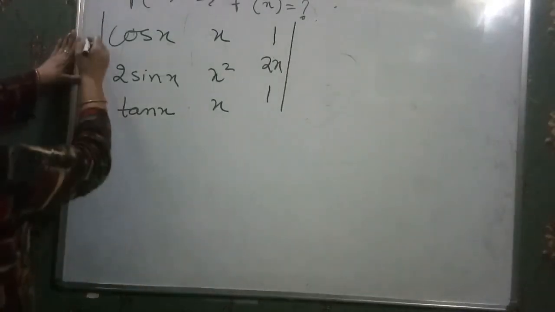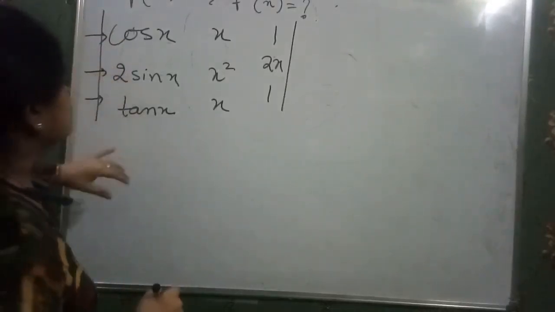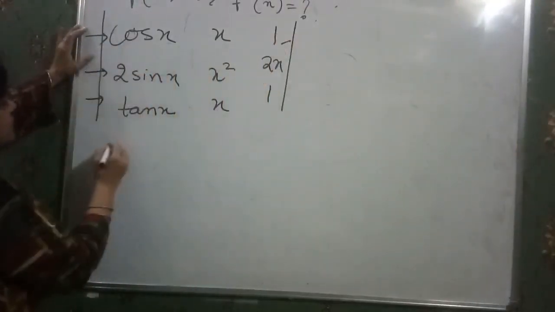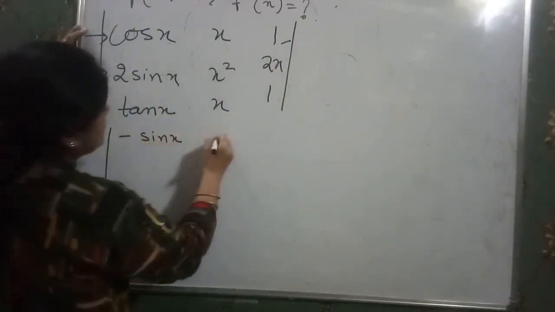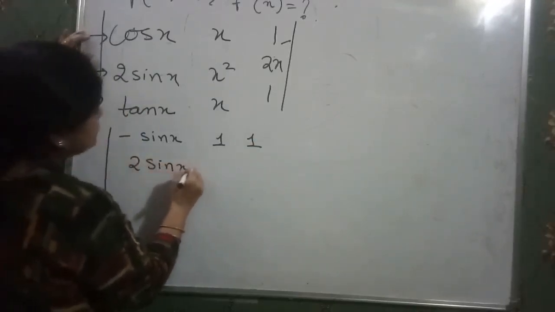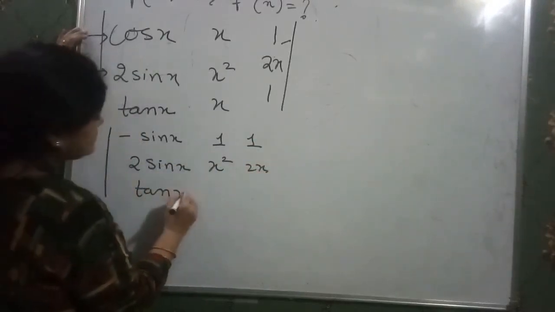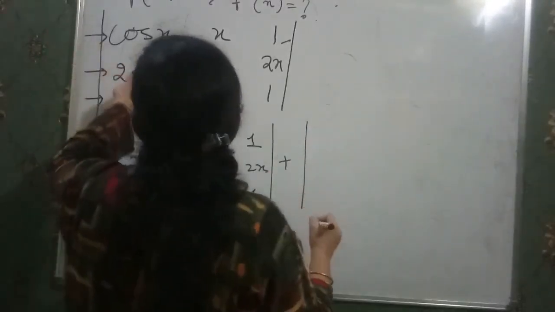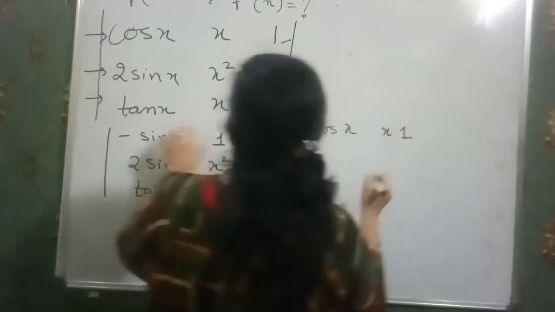Firstly, we differentiate the rows one by one, and the other two remain constant. So when we differentiate the first row, cos x gives minus sin x, 2 sin x gives 2 cos x... in the first determinant the first row is minus sin x, 2 cos x, sec square x, with the other rows x square, 2x, 1 and x, 1, 1 staying constant. Now for the second one, make the first and third rows constant and differentiate the second.